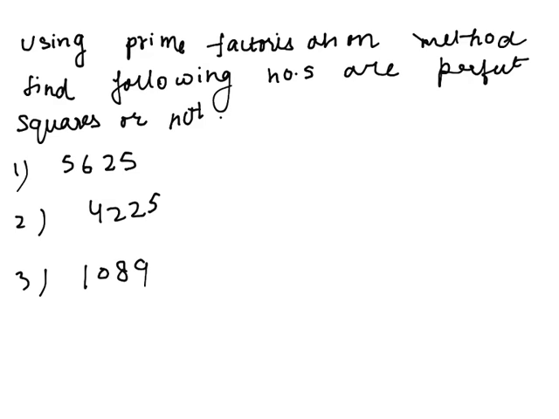Based on the properties that we learned today, let's take some examples. In the first example we are given three numbers, 5625, 4225, and 1089, and using the prime factorization method we have to find out whether they are perfect squares or not. Let's start with the first number, 5625.